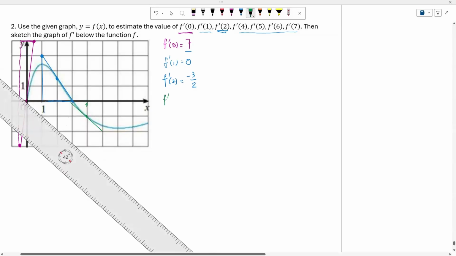Then f prime of 4 is about, we go down by 2 units and then 1 by 2. So it is about -1.